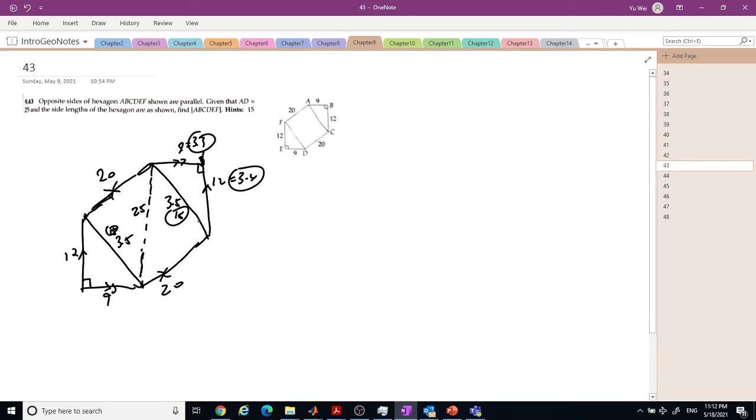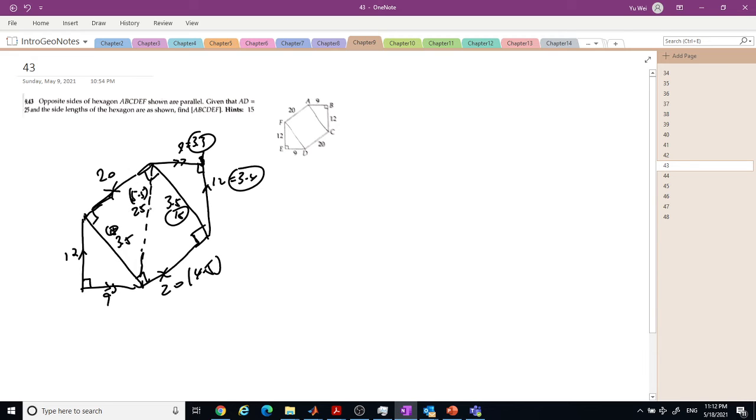Based on the 25, it's 5 times 5, so this is 3 times 5 and this is 4 times 5. So it's 3, 4, 5, and that's why this is 90 degrees, and they are parallel. Then we know this is the rectangle. Once we know this is the rectangle, everything else is simple.